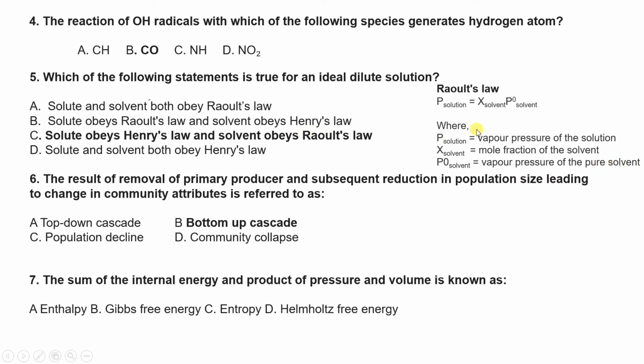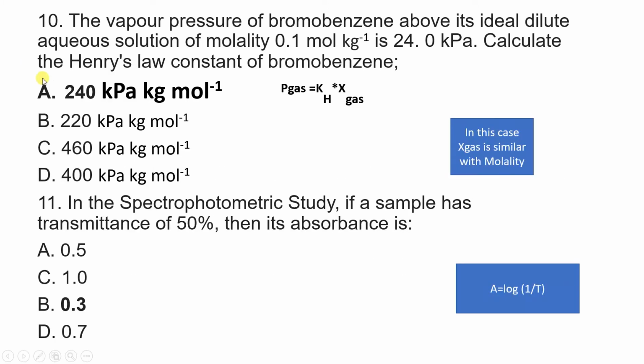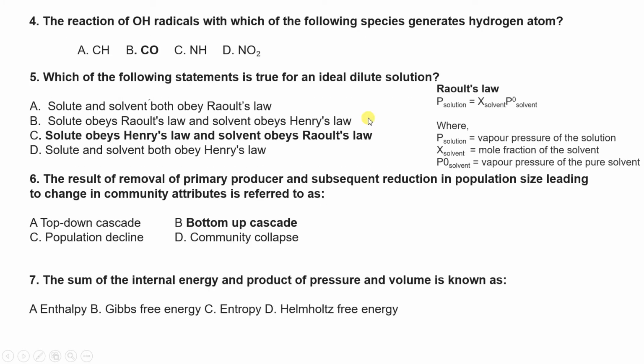So Raoult's law deals with solvent and Henry's law deals with solutes, because Henry's law is this one: partial pressure of the gas is equal to Henry constant times mole fraction of the gas. So Henry's law deals with solute. So our option is solute obeys Henry's law and solvent obeys Raoult's law.